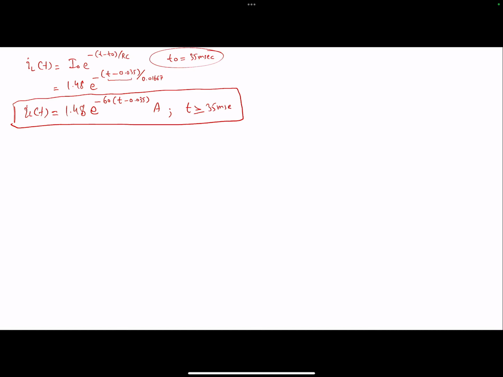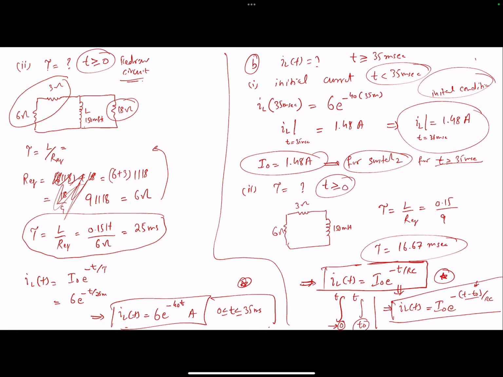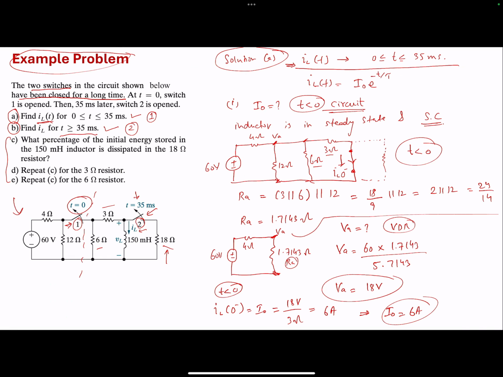Okay, so this is nice. Let's go back to our third part. In the third part now, I am interested in finding the percentage of the energy stored in the 150 millihenry inductor that is dissipated in the 18 ohms resistor. Okay, so here's the deal.